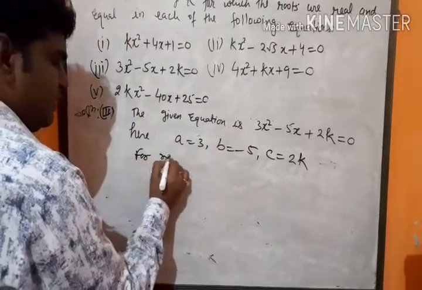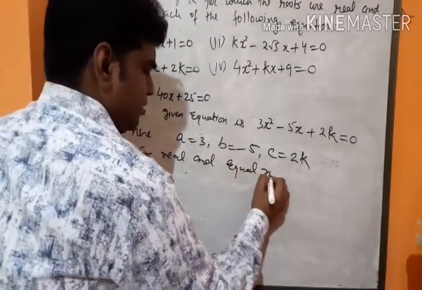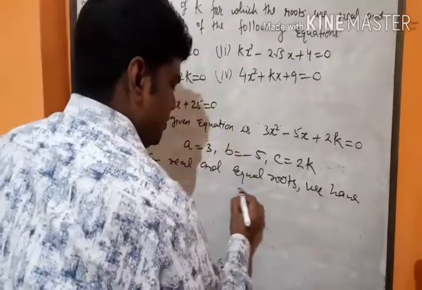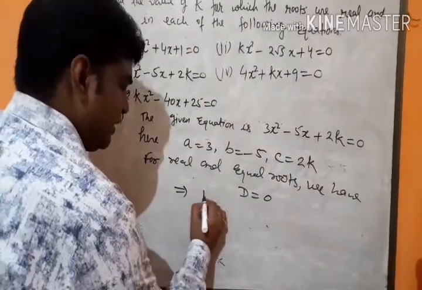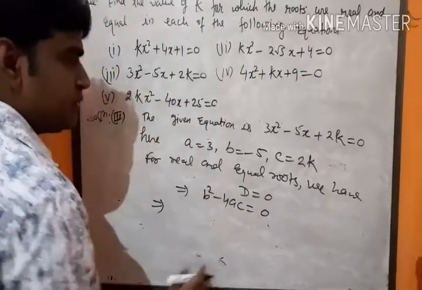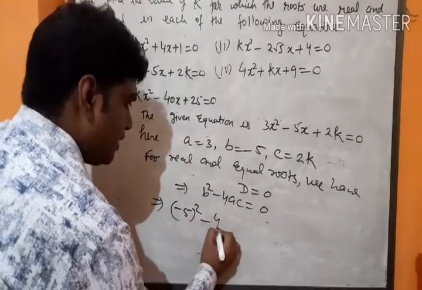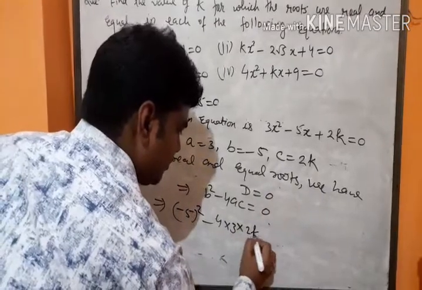For real and equal roots we have D equal to 0, or this implies b square minus 4ac is equal to 0, or this implies minus 5 whole square minus 4 into 3 into 2k is equal to 0.